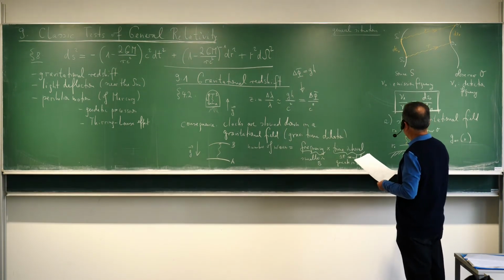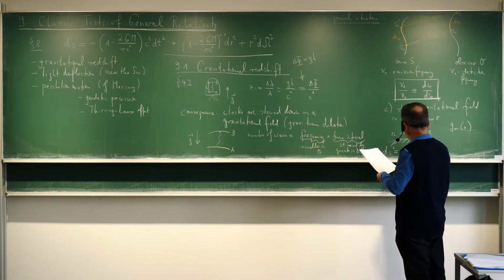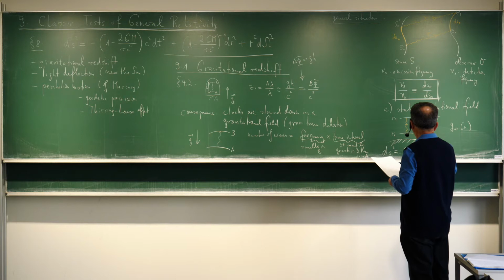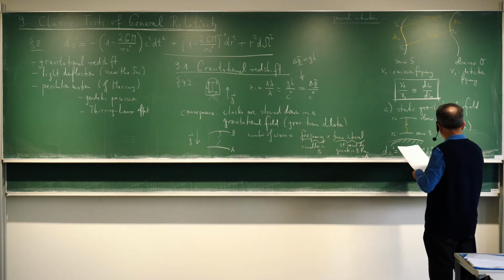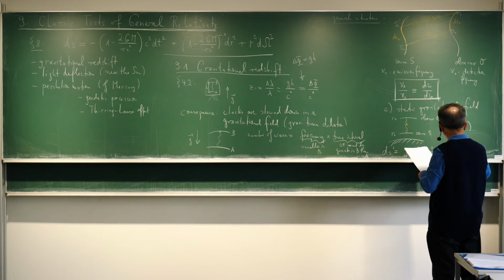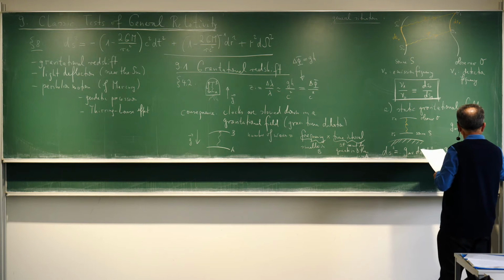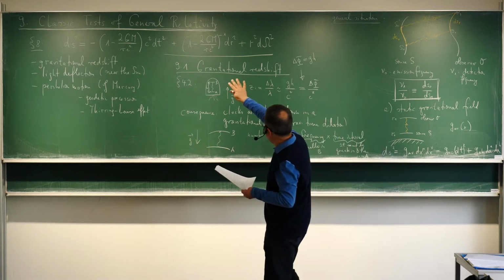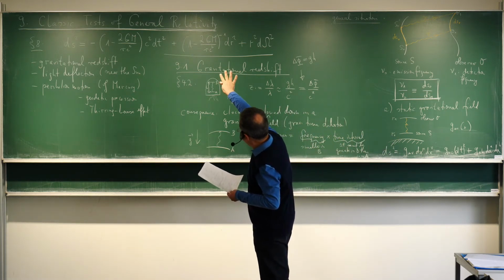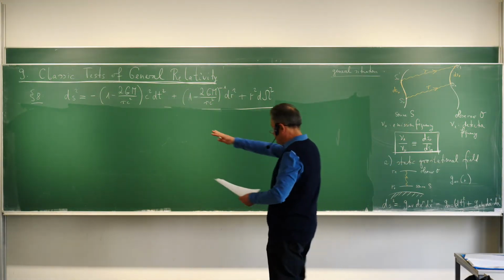And so ds squared is g mu nu dx mu dx nu, which is then g00 dt squared plus g_ab dx^a dx^b. Now it's a general form of the static metric, so we will insert the particular values later. So let us proceed.